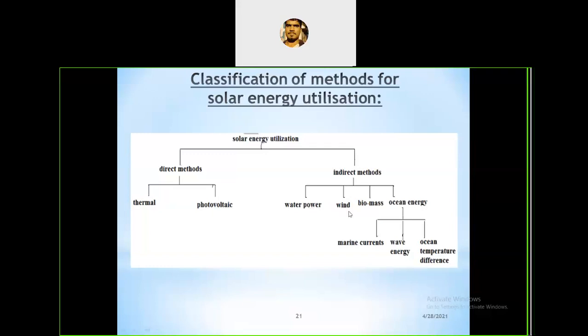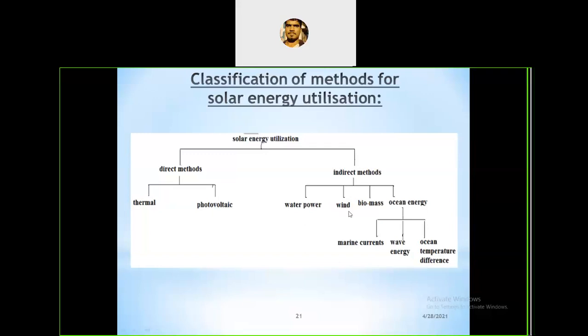And wind energy: because of the heat energy, the wind gets energy and velocity and starts flowing with high velocity. Once it is flowing with high velocity, it rotates the windmills or wind blades and generates the required electric energy.